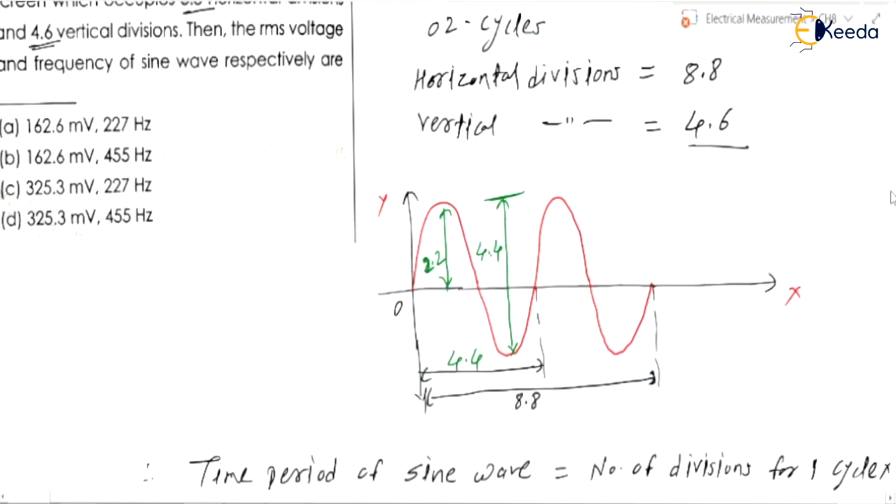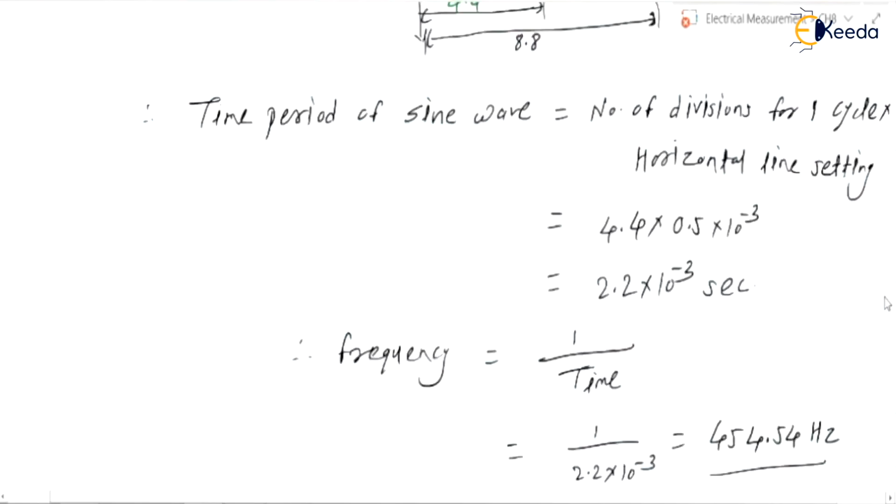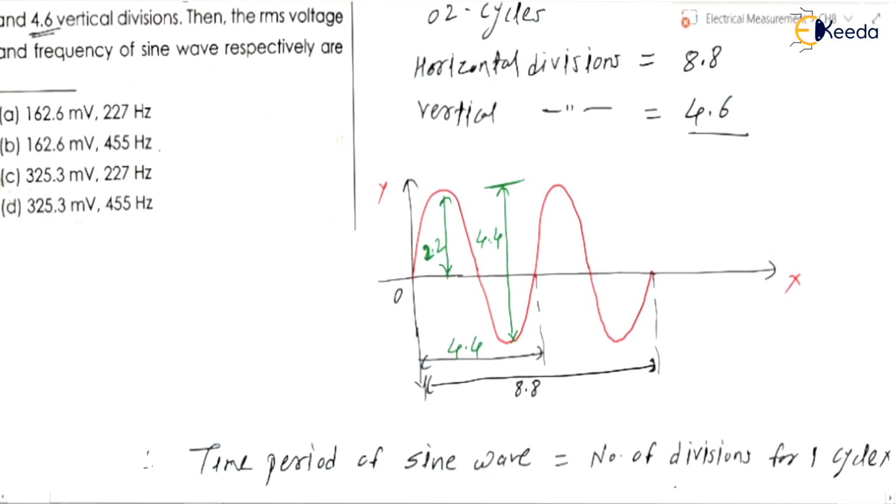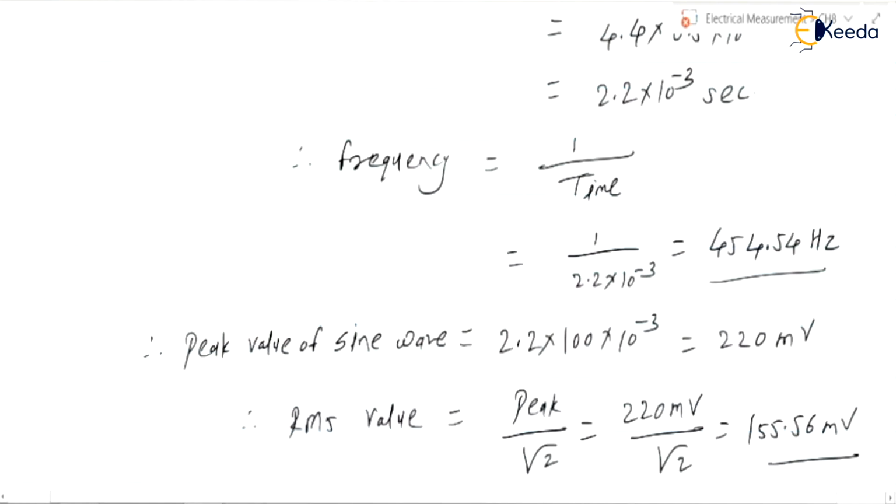Roughly it is nearly 162. So option is option B, right? 162.6 actually they have given. Sorry, it is 4.6 they have given. So if it is 4.6, then if this is 4.6, this will be 2.3. Then it will be like 230.